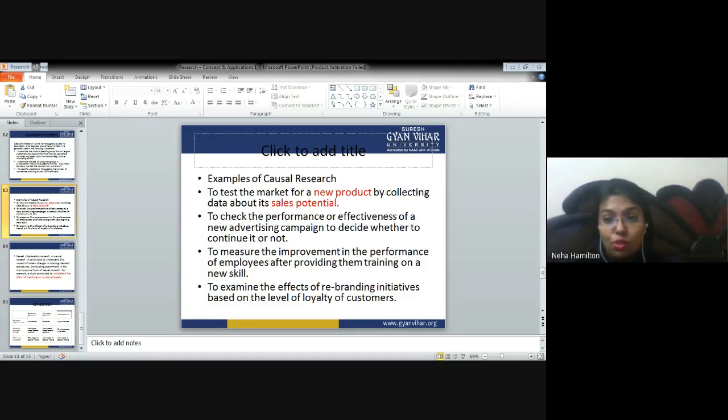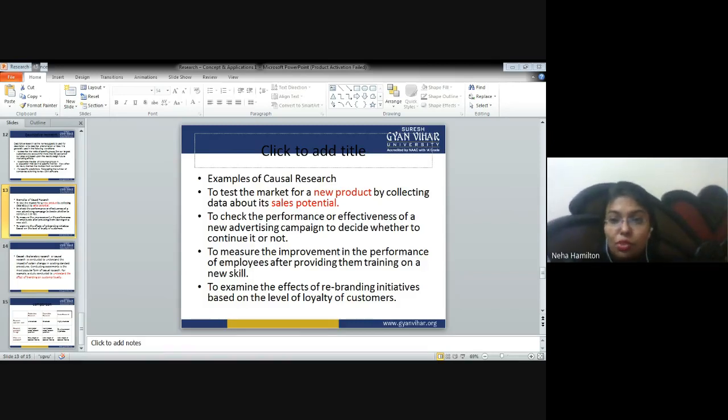So you have launched a new advertising campaign and you are watching whether it is positively or negatively impacting the company. That is an example of causal research.